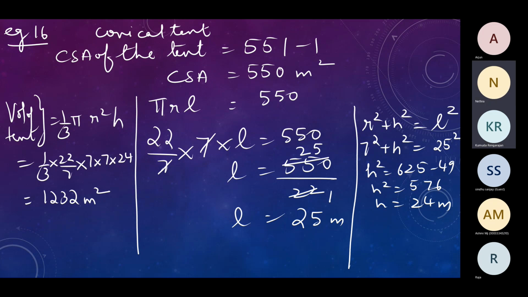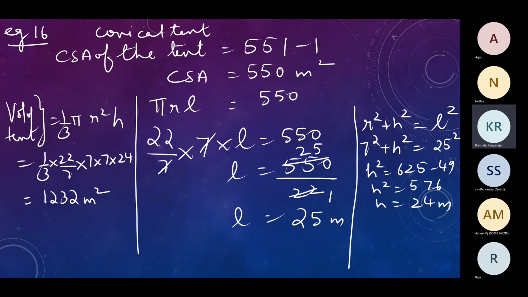She has 551 meters square of canvas. Now, when she tries to make a conical tent, 1 meter square is wasted. So the amount of cloth present in the curved surface area of the tent is 551 minus 1, 550.